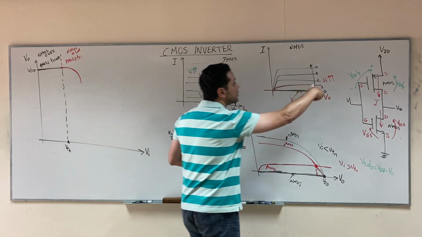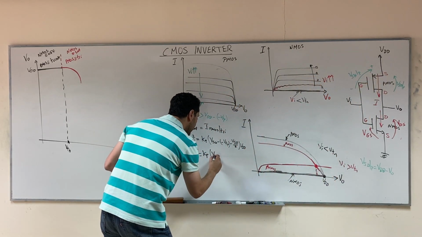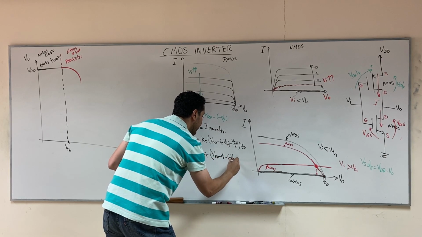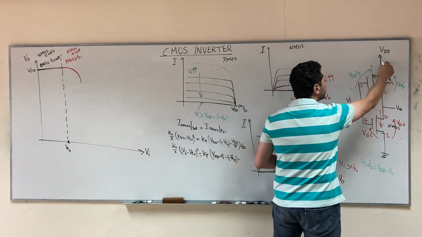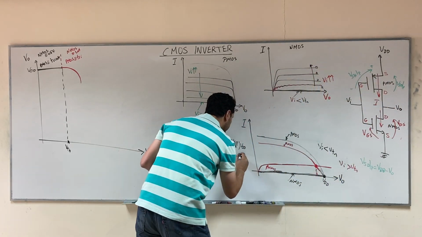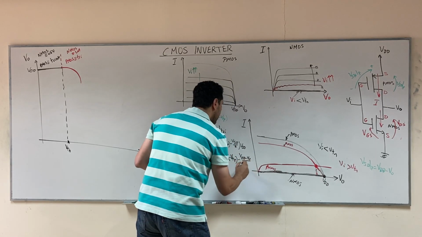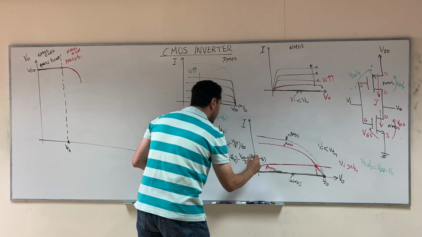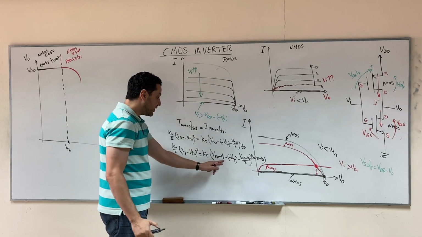VSG of the PMOS is VDD minus V input, minus V threshold P, minus VSD of the PMOS, which is VDD minus V output, over 2, multiplied by VDD minus V out. And then you find that you get a relation between V input and V output.